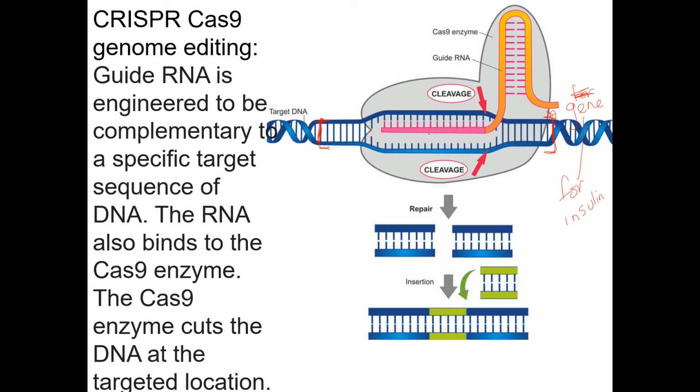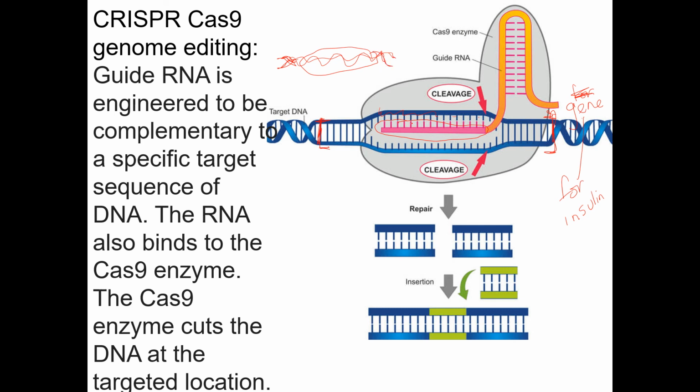Now what you can do, instead of getting viral DNA, is make a little piece of DNA that has exactly the complementary code of the piece of DNA you want to cut. So let's say you know the DNA code for insulin. Here's the insulin gene, and you know the exact code because we can do that with other DNA technology. Let's say you know the exact code upstream and the exact code downstream.